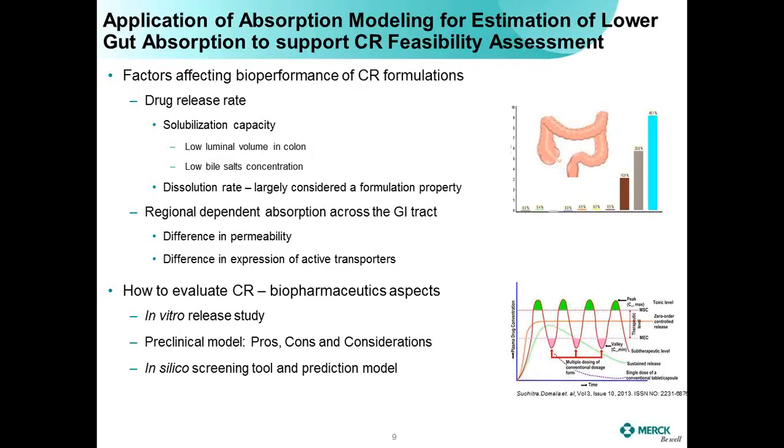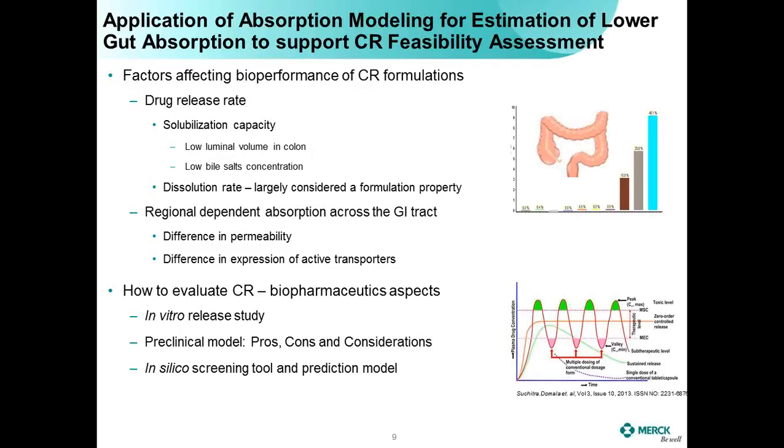Generally, the dog model has good predictions for the osmotic tablets, but for matrix tablets, the predictability usually depends on the mechanism of either erosion-based or diffusion-based mechanisms. And the differences between species need to be considered, such as the stomach contractions, hydrodynamic flows, GI transit time, GI fluid volume, metabolism, and transport.